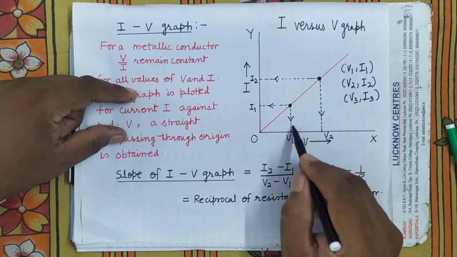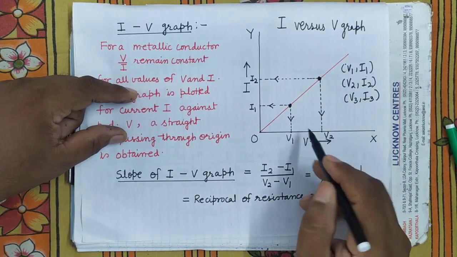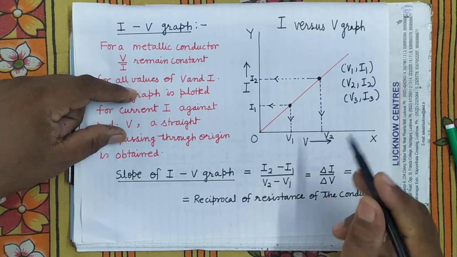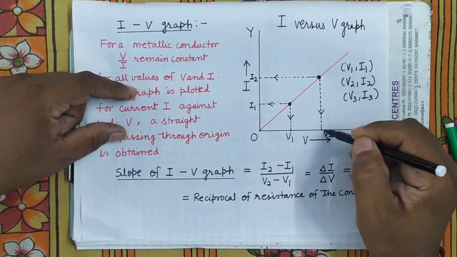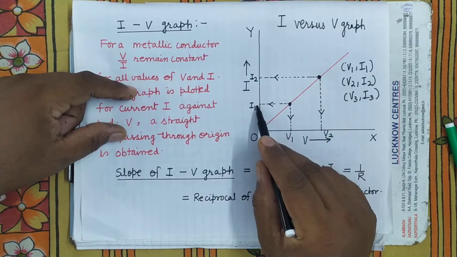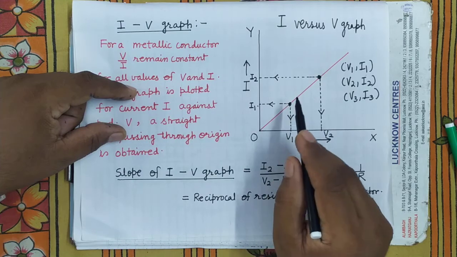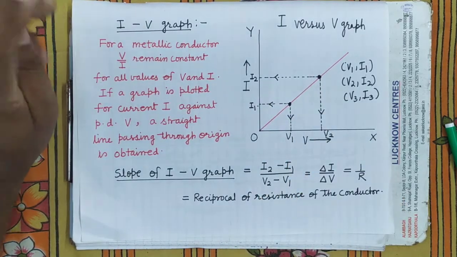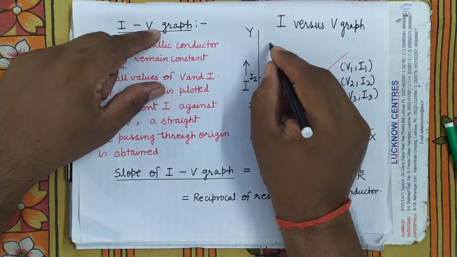Then you find out their values on the x-axis. So this point on the x-axis corresponds to V1, and this corresponds to V2. Now what is its value on the y-axis? On the y-axis it is in front of I1 and I2. What is the formula of slope?